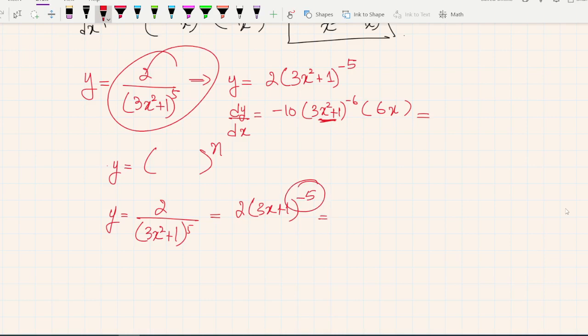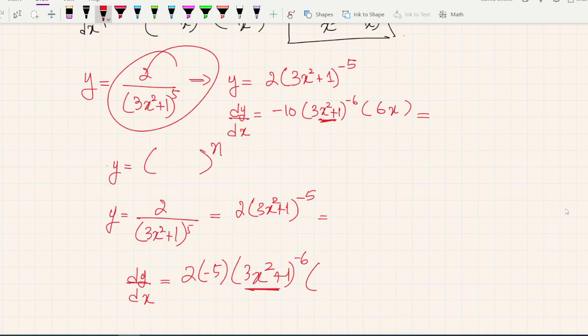So the first thing which we have to do is differentiate the bracket, right? So dy by dx becomes 2 times negative 5 comes down, 3x squared plus 1, the whole thing raised to the power of negative 6. Now we have to multiply this with the differential of whatever was inside the bracket.